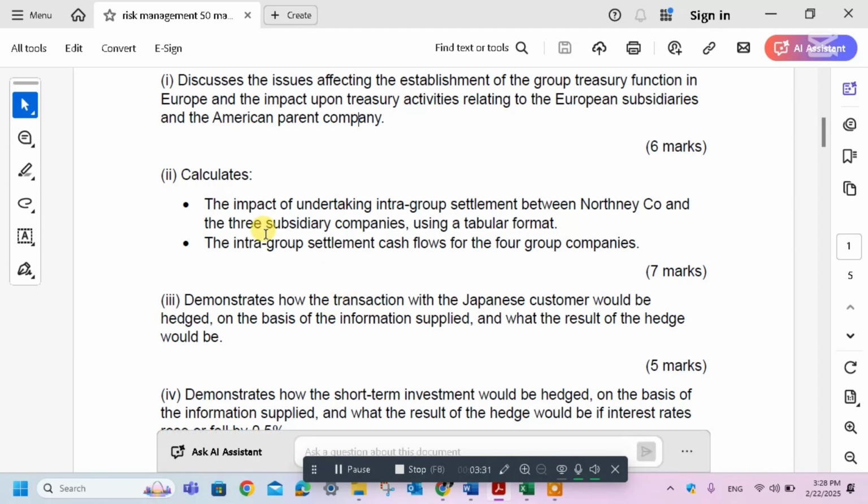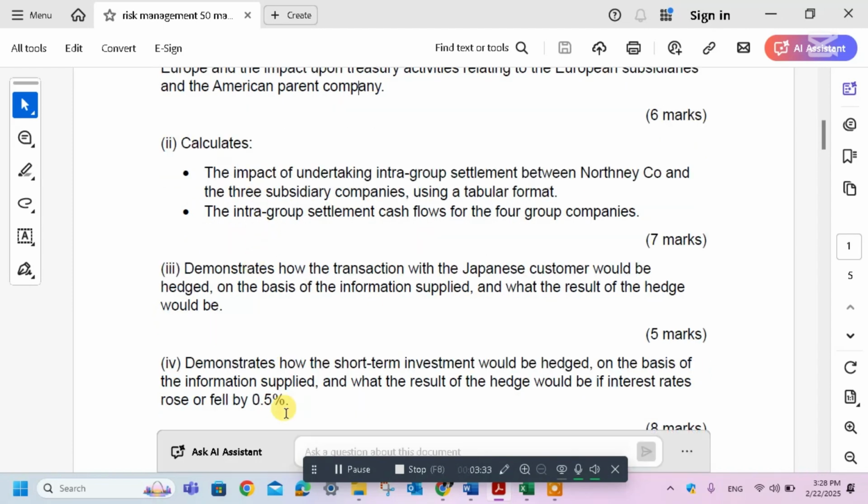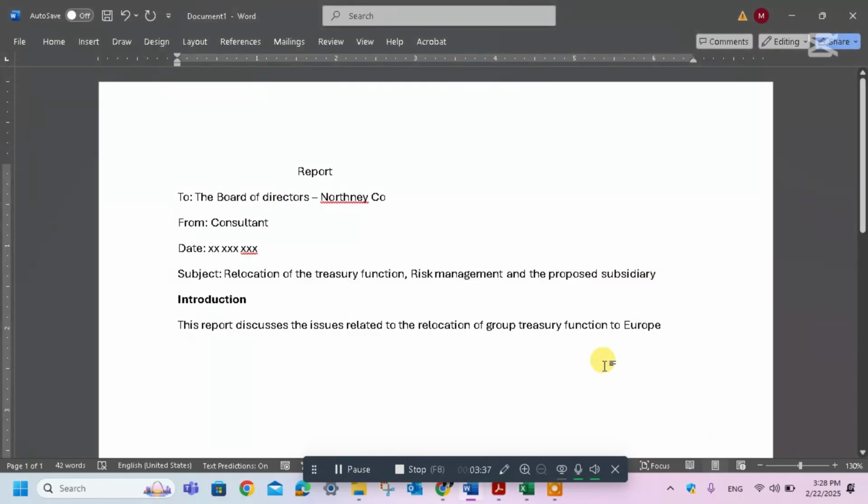And then second, third, fourth are some examples of risk management techniques applied. So it also analyzes some examples of risk management techniques used by Northney Company. Right.